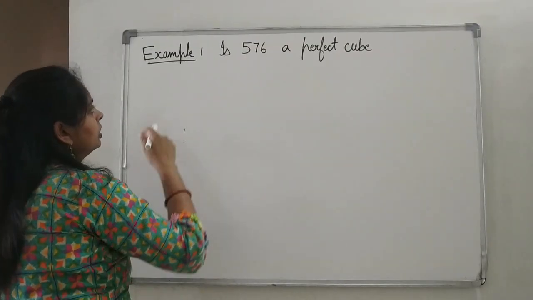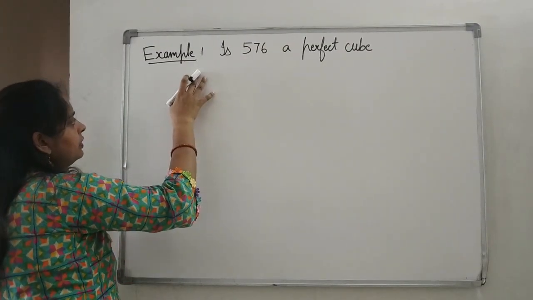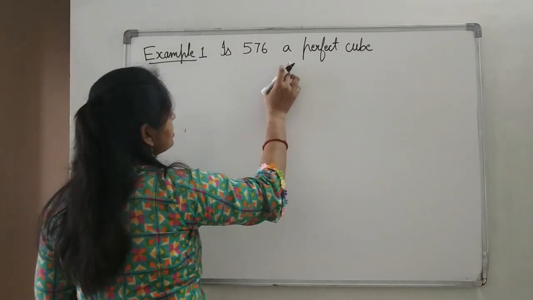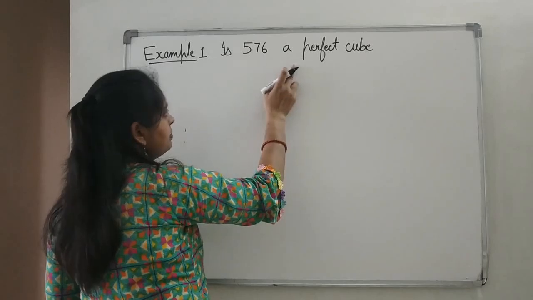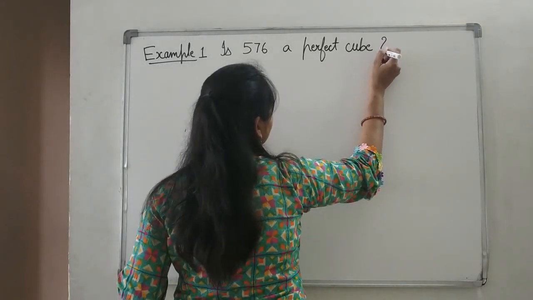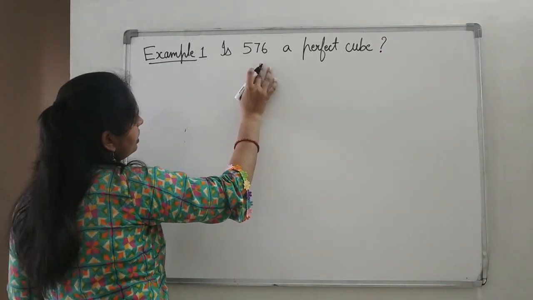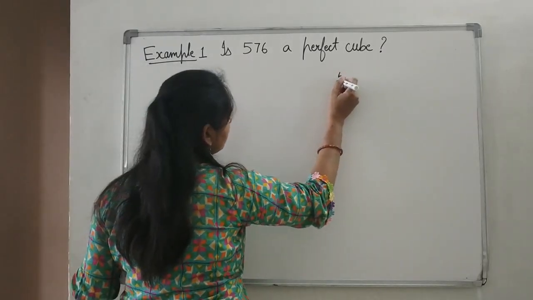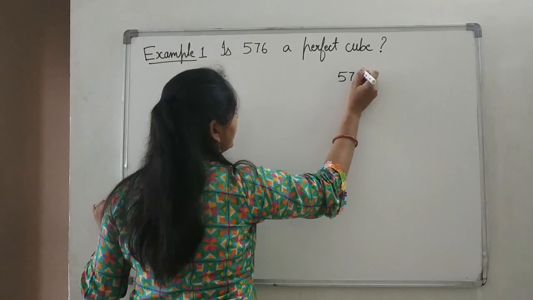Now see the first example. Is 576 a perfect cube? The question is there, so you have to give the answer whether this is a perfect cube or not. So what will we do? We will do the prime factorization, as we did in the square chapter.